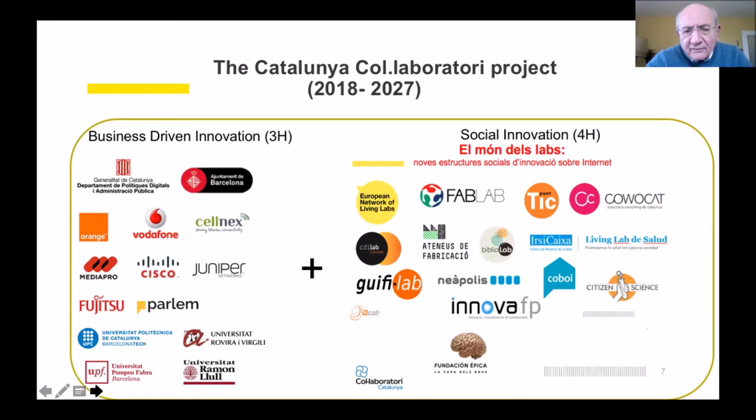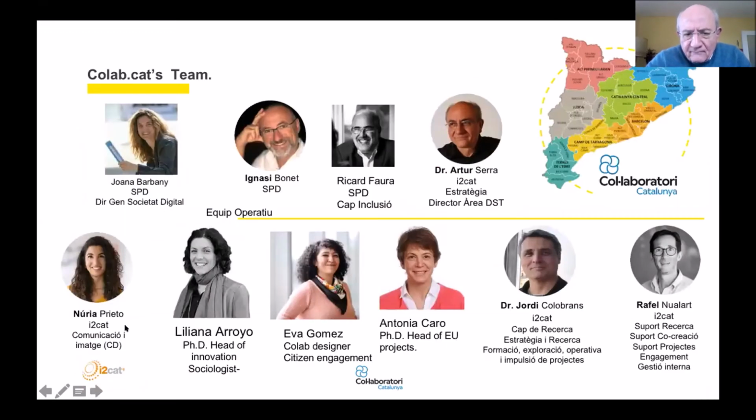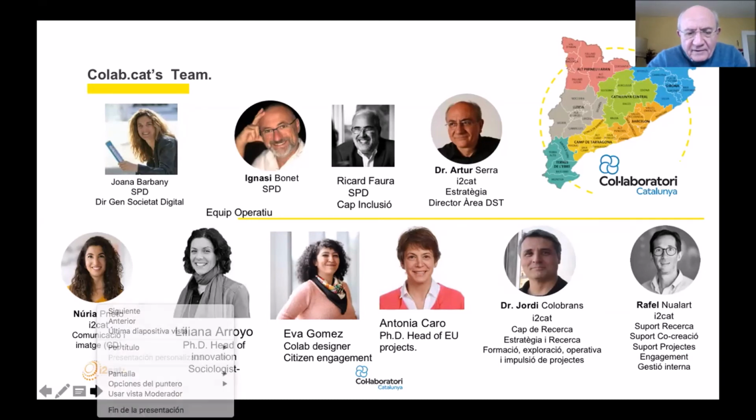This is our research team, a blended team between the regional government responsible, but also different engineers and social scientists from our group. We just started to develop this project in 2018, before the COVID.